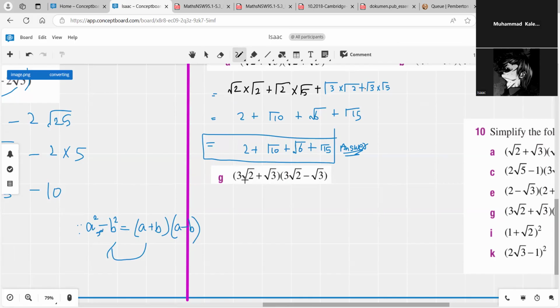So here we have the same terminology. You can see this is a plus b, this is also a, 3 into root 2, 3 into root 2 plus b, here minus b. So we can implement this identity directly instead of multiplying. You can also do multiplication like this. Firstly, it will be multiplied with these two, and this one will multiply with this one and this one.